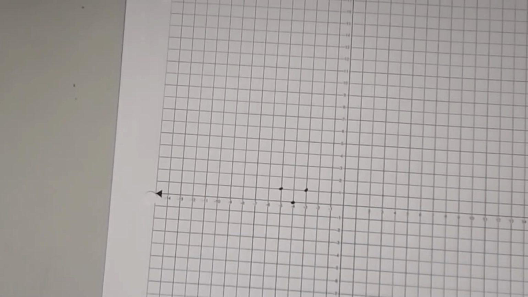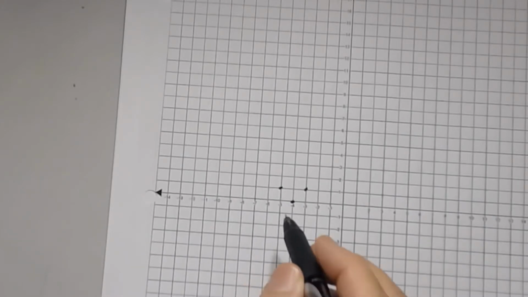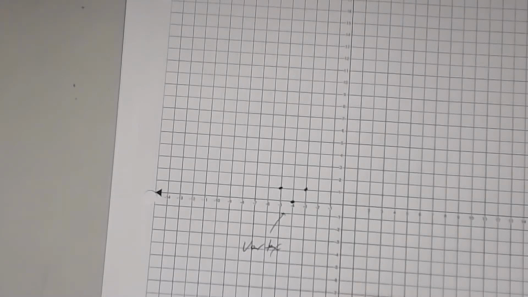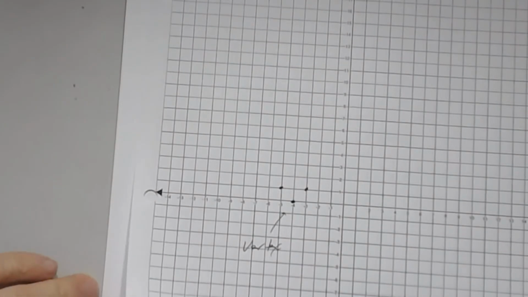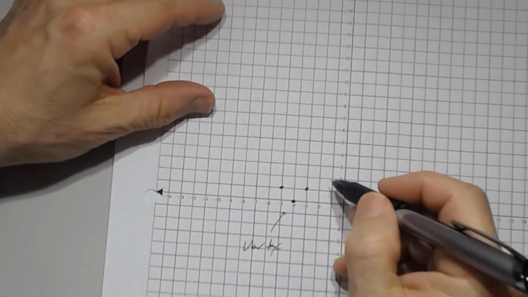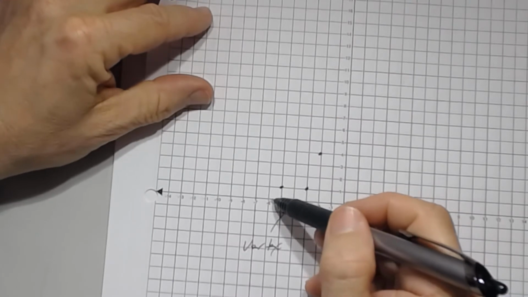I think you can tell me that this point that I'm pointing to is probably going to end up being which point? The vertex. This will be the vertex. If you do the rest of them, we had negative 2, 4, and then we had negative 6, 4.